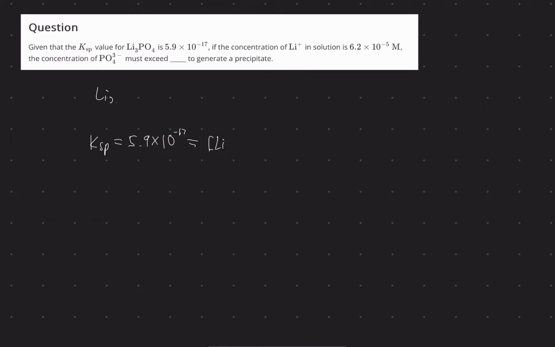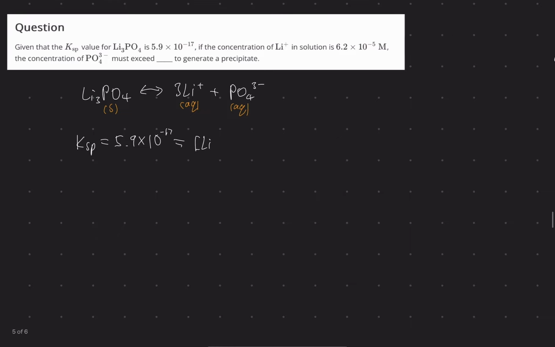So this salt, lithium phosphate, is dissociating into 3 Li plus ions and 1 phosphate ion, like this. And this is a solid, and both of these are aqueous.